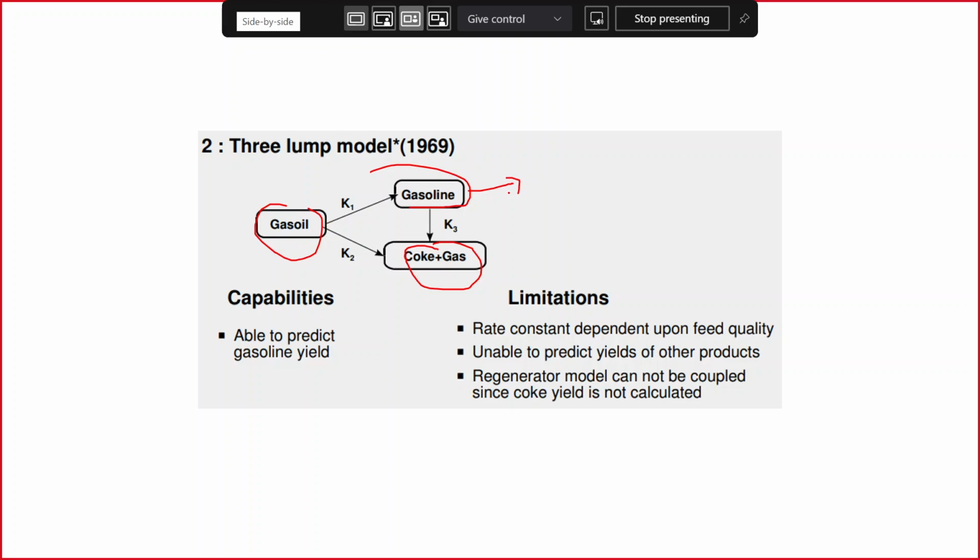So it's an FCC unit, right? You have the riser, and then you have the regenerator, and among them there are two lines, and the catalyst moves from here to there.